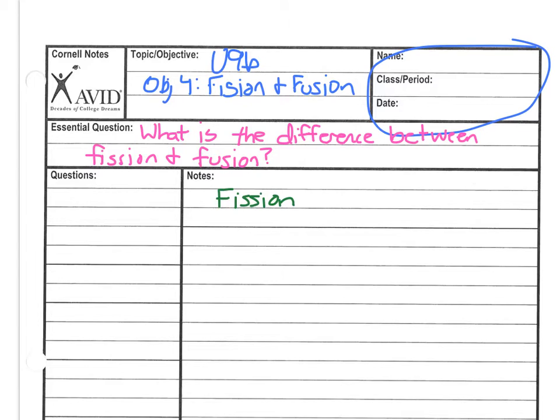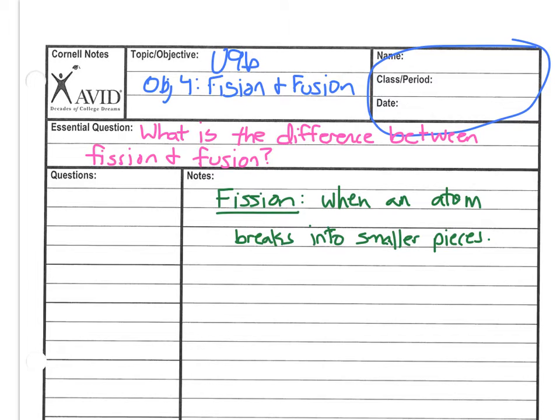Let's talk about fission first. Fission is when an atom breaks into smaller pieces. Remember in Unit 7 when we talked about the different kinds of chemical reactions, we actually talked about decomposition reactions where a compound broke into smaller pieces.